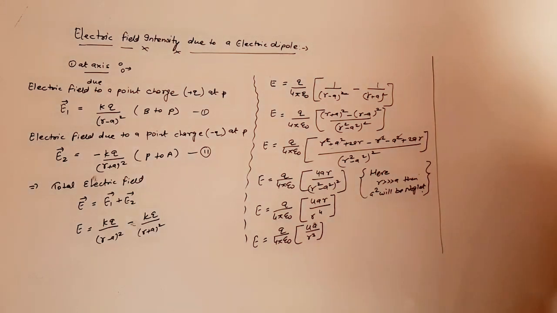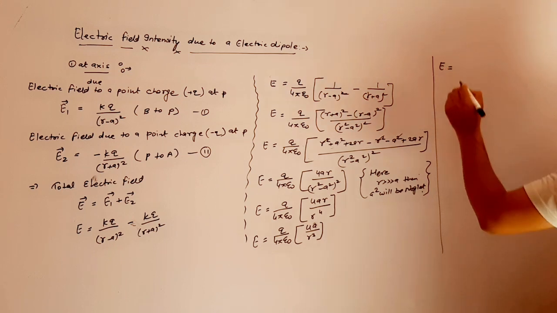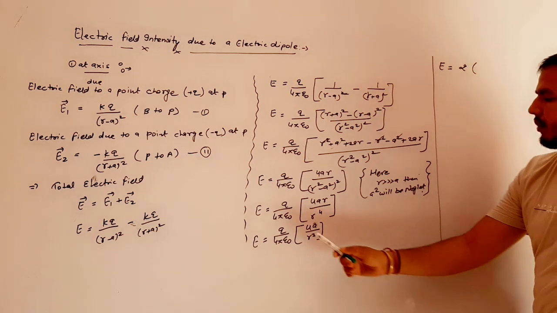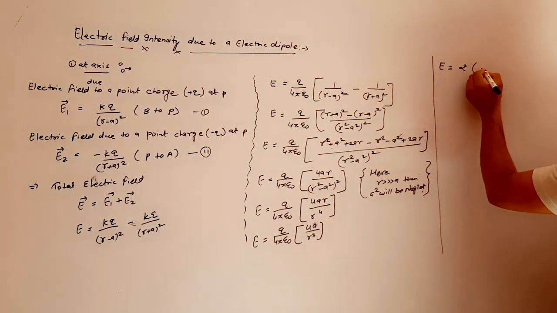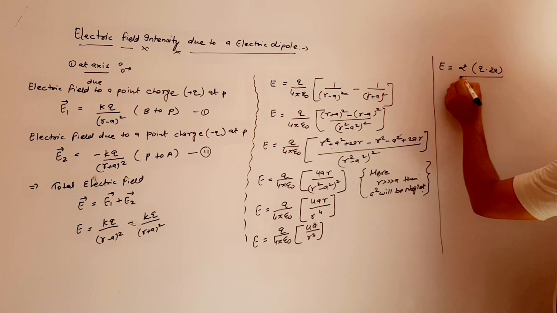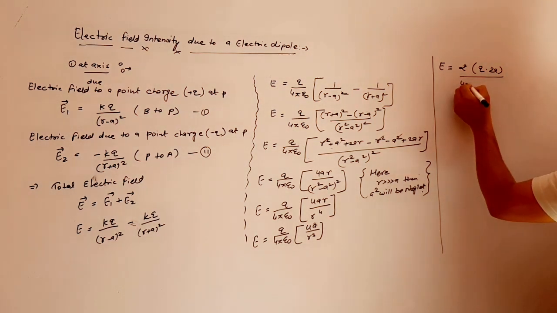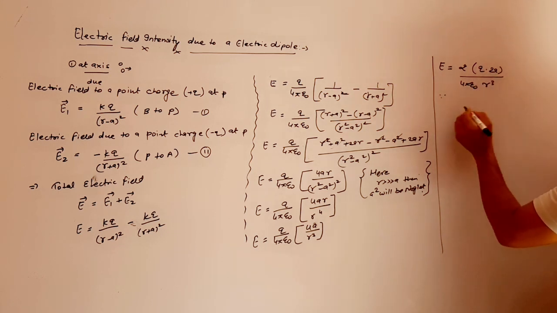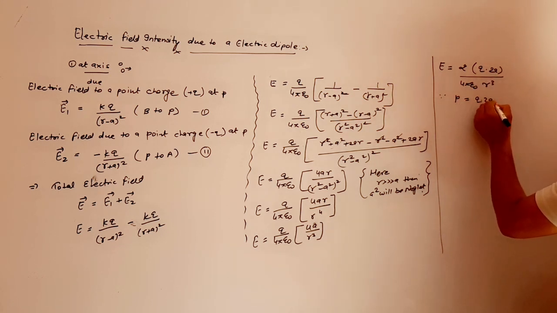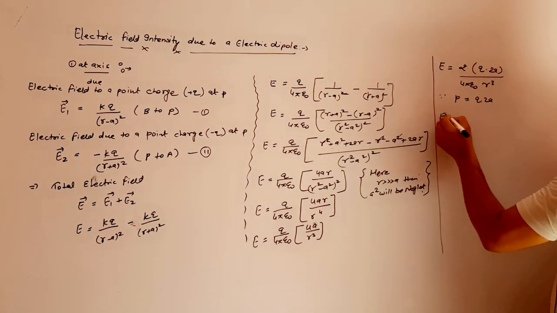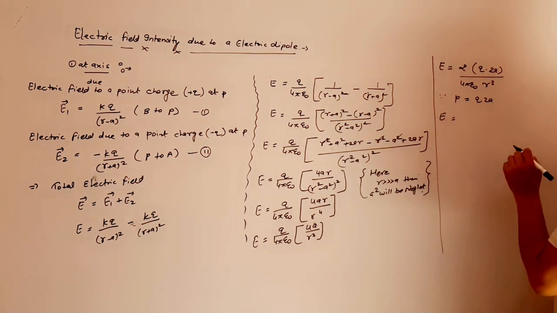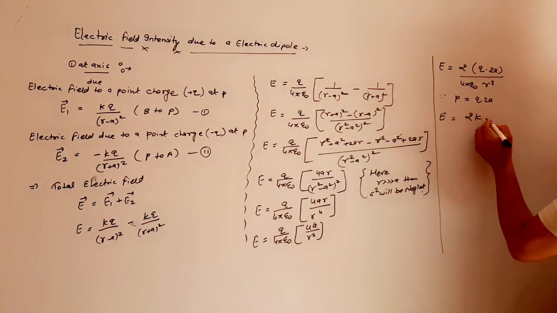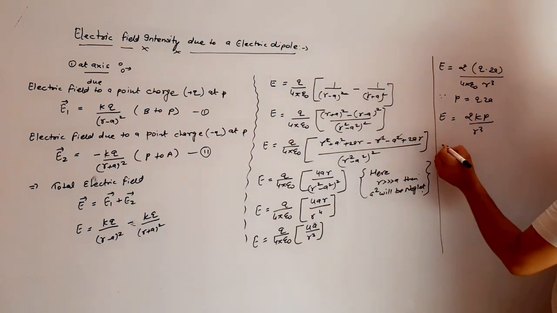Next, you can write E is equal to, here 4 you write 2 into 2, q into 2a upon 4 pi epsilon naught r cube. We know that q into 2a is equal to p, and 1 upon 4 pi epsilon naught is called k, then 2kp upon r cube.